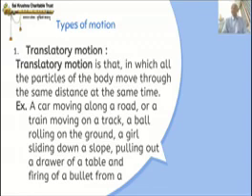Translatory motion is that in which all the particles of the body move through the same distance at the same time.